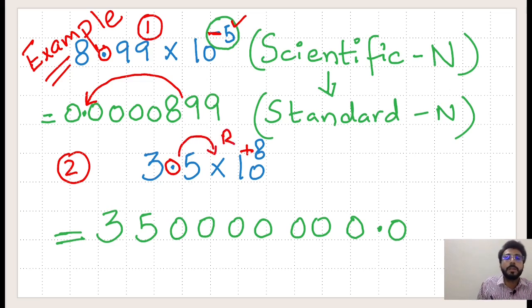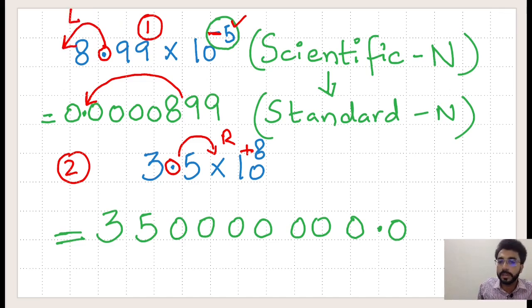And when the exponent is negative, then we move this decimal point toward the left side. Students, you need to understand this trick. If the exponent is negative, whatever the negative exponent will be, we will move the decimal point toward the left side.